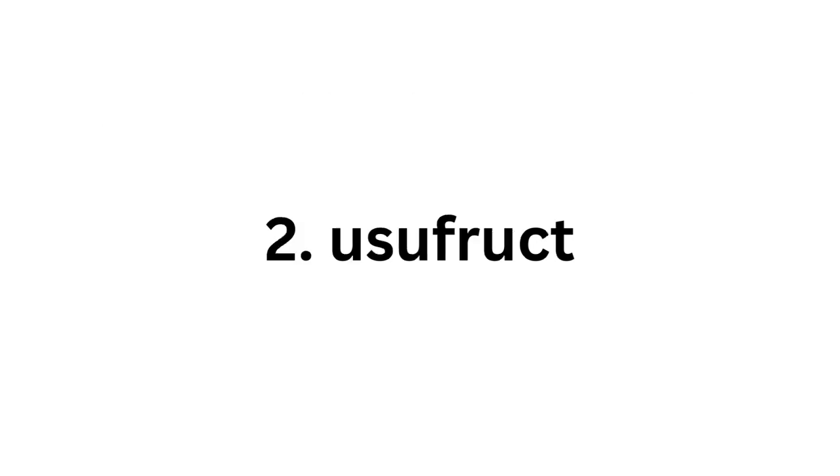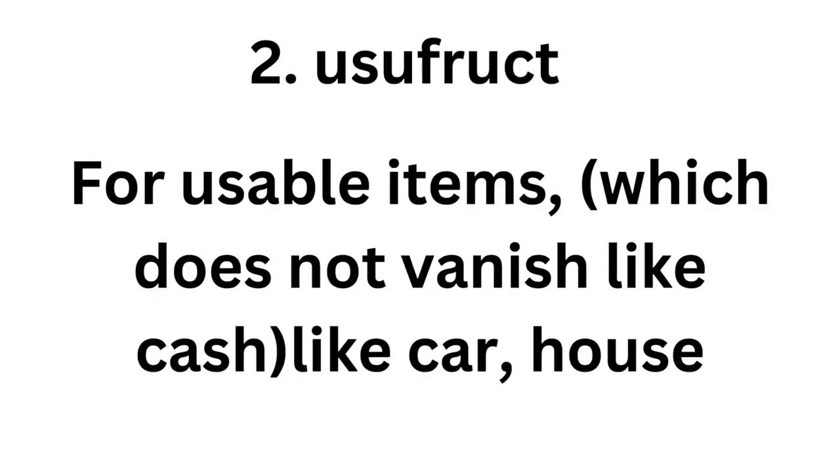The second point is usufruct. In case the product sold is durable, like a car or house, in that case the extra money is rent for the use of the product. But in the case of borrowed cash, that will not be allowed, because if a person borrows money, it vanishes. But if a person borrows a car, it doesn't.